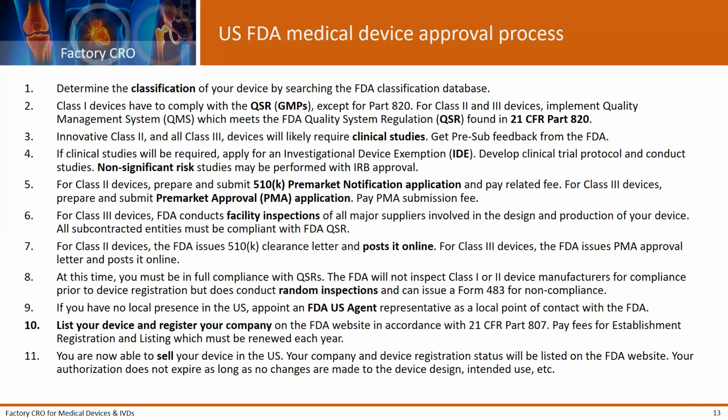However, class 2 and 3 devices, you need to implement a quality management system that meets the FDA quality system regulation found in this CFR. Basically, this comes down to the same standard as the ISO 13485 in Europe, content-wise.